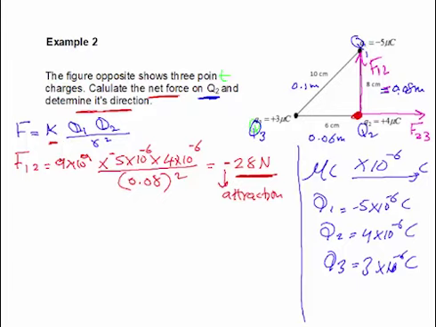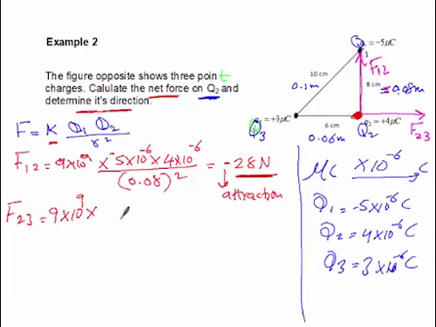Now let's go for the other force, F between Q2 and Q3. Again the constant 9 times 10 to the 9, times the values of Q2 and Q3, which are 4 and 3.